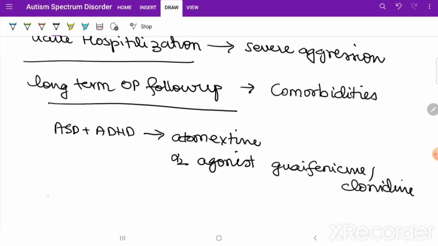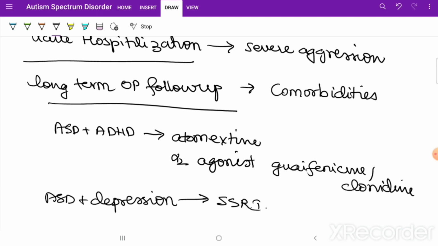And if there is autism spectrum disorder with depression or comorbid anxiety symptoms, SSRIs can be used. But one should be very careful, titrate cautiously, and monitor for agitation and behavioral activation in the child. All these things I've mentioned.